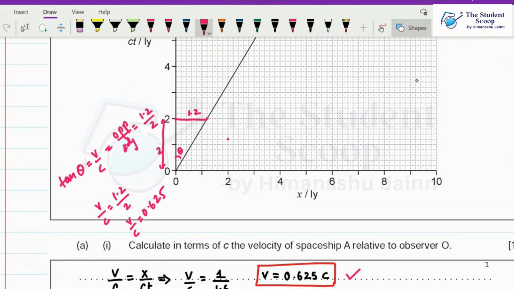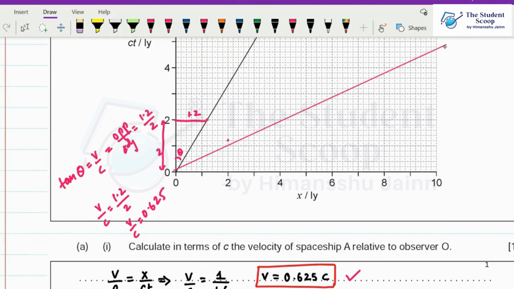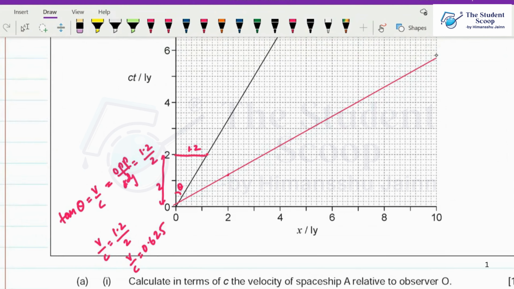Then I will draw a straight line passing through this. We will try to make it as precise as we can. Okay, so let's say this is our x dash axis.